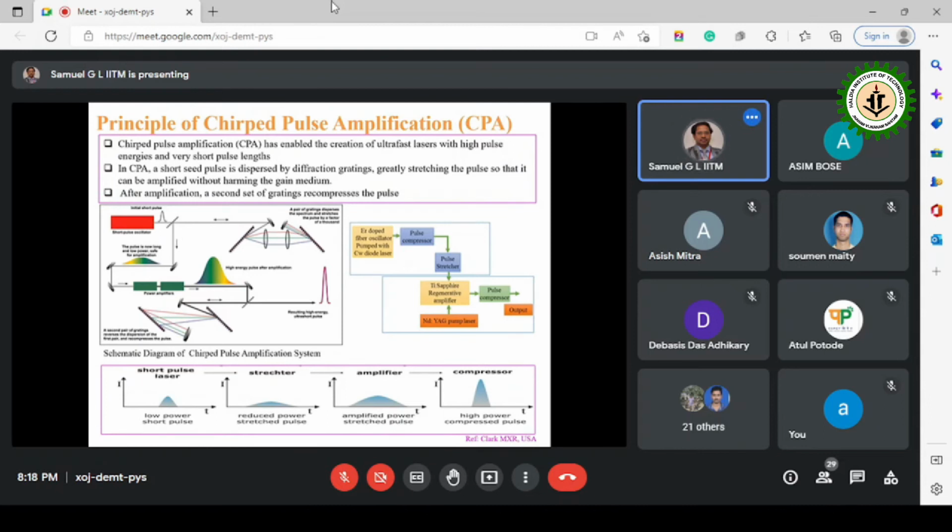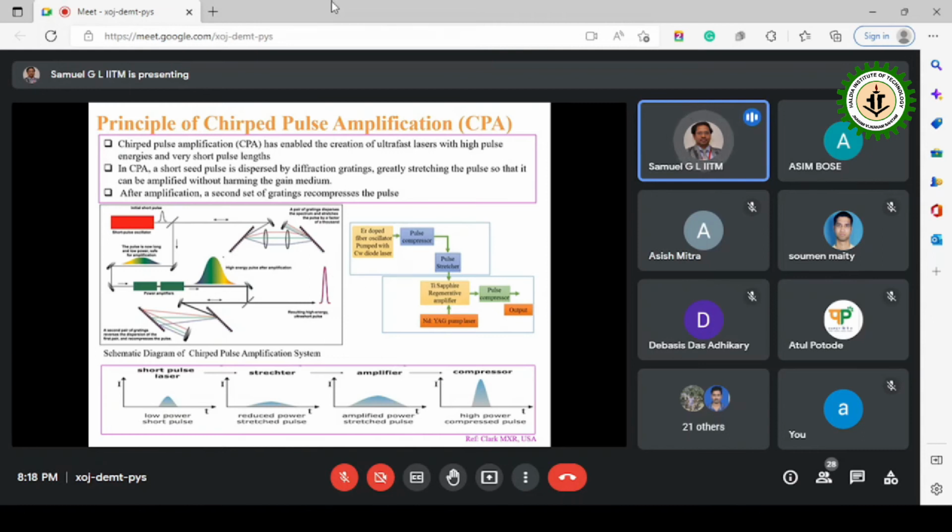So wherein we take a laser pulse of this particular width, and then we pump. There are lasers called pump lasers that make that energy big. Then we pass it through other optics so that you compress the width of the wave. So in the time scale, the intensity becomes more.